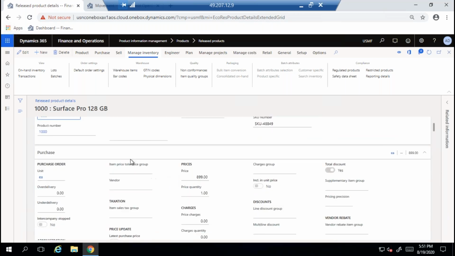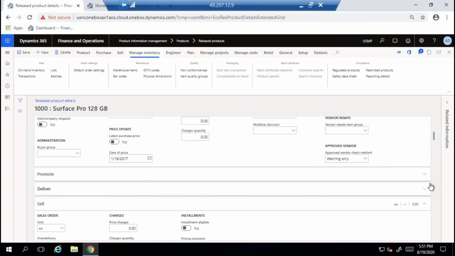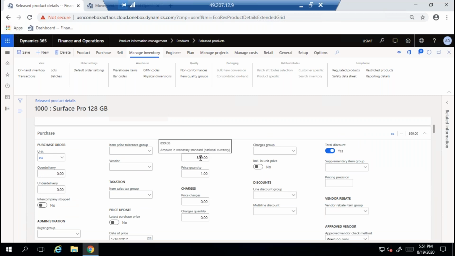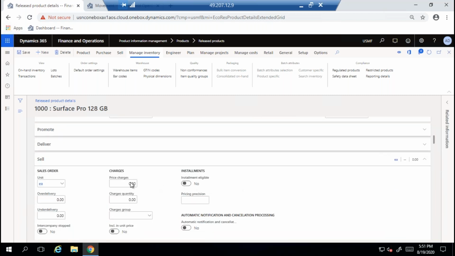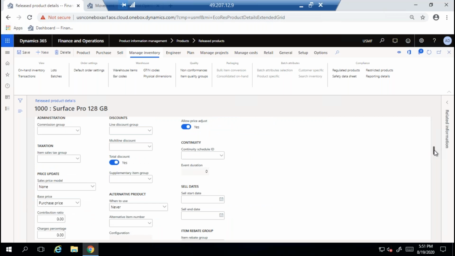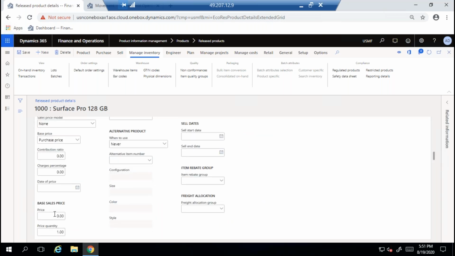For this, if you want, you can click on edit. Purchase price you will find in the purchase tab. In the same manner, in the sell tab, sales price will be there. This is sales price.